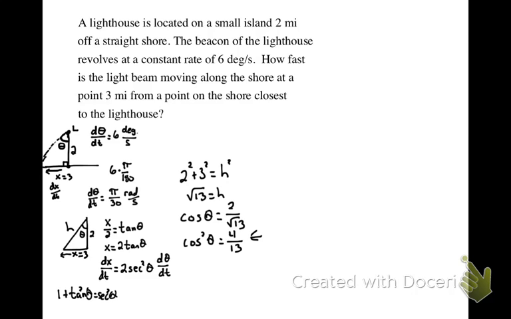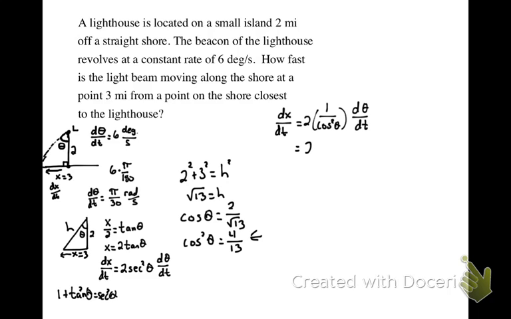This means that in terms of my problem, I happen to be working with dx dt equals 2 times 1 over cosine squared theta times d theta dt. And what we want to know is dx dt.